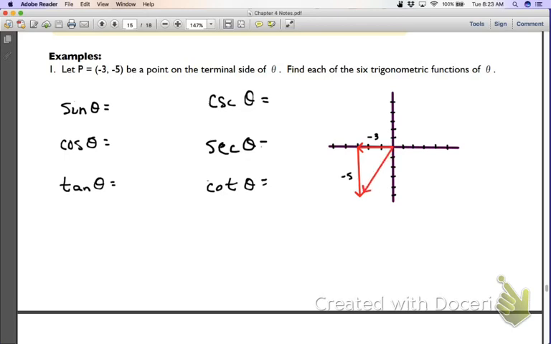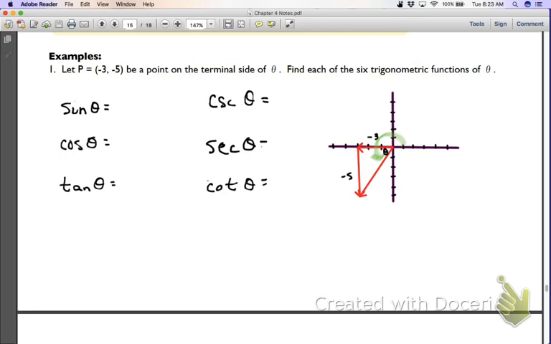All I'm going to do is then create my triangle. My angle is going to come all the way from here, so that means that theta's inside there. Theta will always be made up by the x-axis and wherever the origin is on my graph.